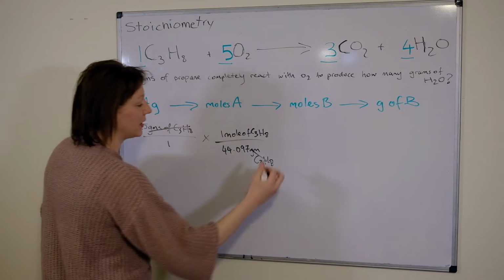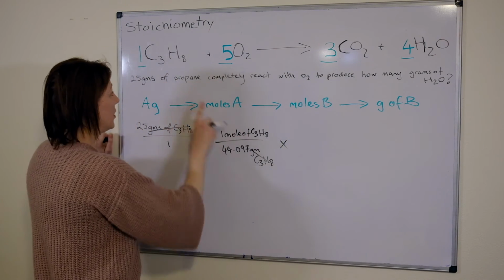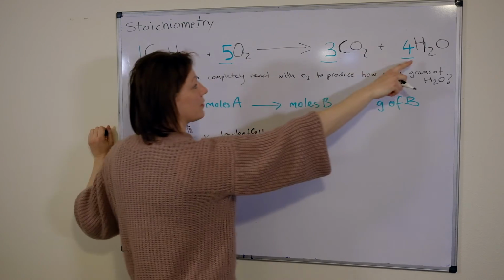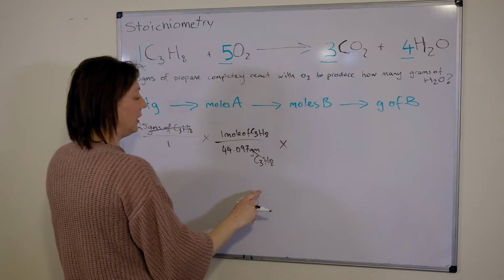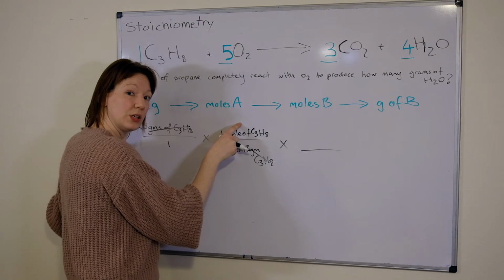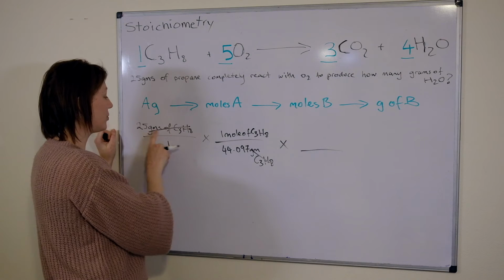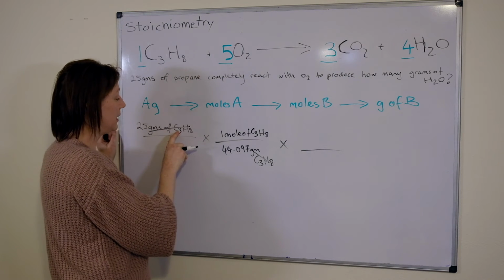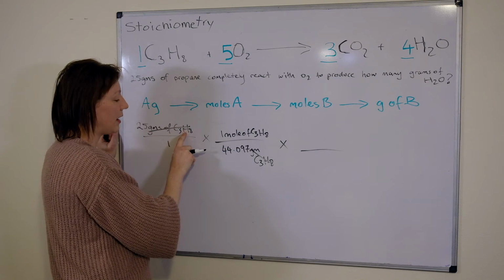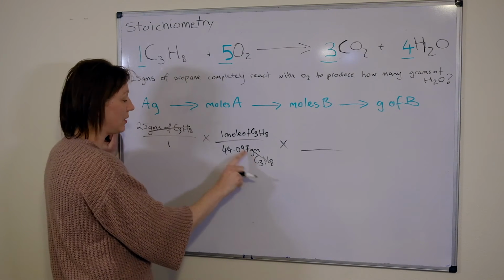Let's continue on with our equation. We already know the ratio of the moles of propane to the moles of water. It's 1:4. Okay, on the top, you're always putting what you want to go to, and on the bottom what you already have. So here we had 25 grams of propane. That's what we have here. And then we put that on the bottom, the grams on the bottom, right?